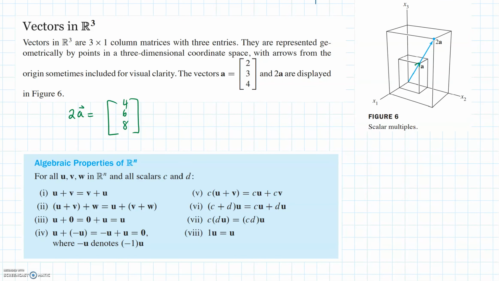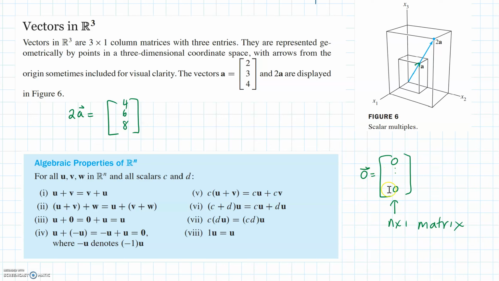Properties of vectors, the algebraic properties for all u, v, w in Rn and c and d scalars. Here are all the properties. It's commutative, it's associative. 0 is the identity. By the way, 0 does not mean the scalar 0. It's the vector 0, in bold there.